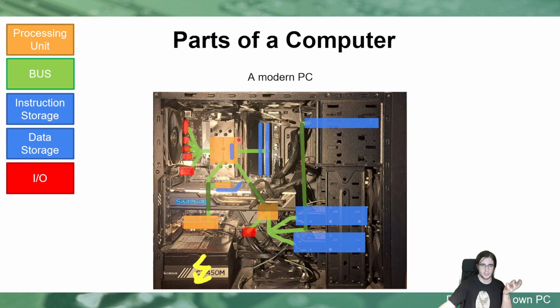For example, here you have the CPU, the central processing unit, with a little bit of storage on it, the bus connected to the RAM, which is the fast memory of your computer, which your CPU is most likely going to be reading from because it's just way faster than your main storage, which is your drives.